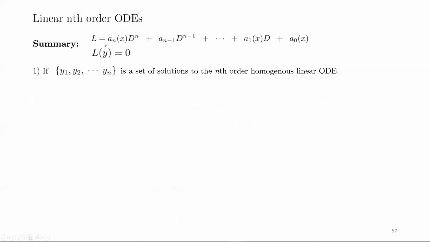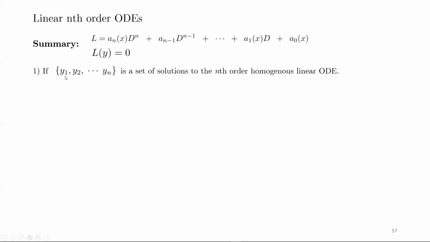So this linear differential operator, we can write like so: some constant times the nth derivative plus some constant or function of x times the n minus first derivative, all the way through to a1, some function or constant multiplied by the derivative, plus some function of x. For the homogeneous differential equation, where the right hand side is equal to 0, we're only dealing with the homogeneous case here. We'll deal with the non-homogeneous case another day.